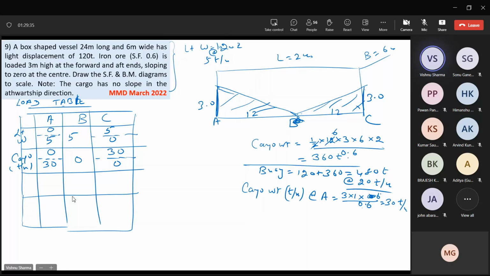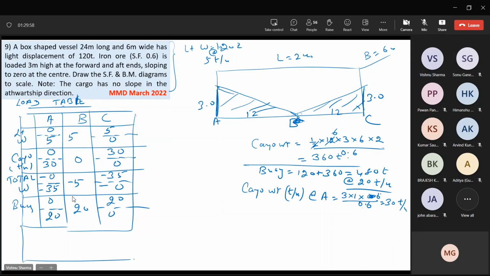This becomes the total cargo weight: 0, 35, 5, 35, 0. Minus for all of these. Buoyancy: 0, 20, 20, 20, 0.